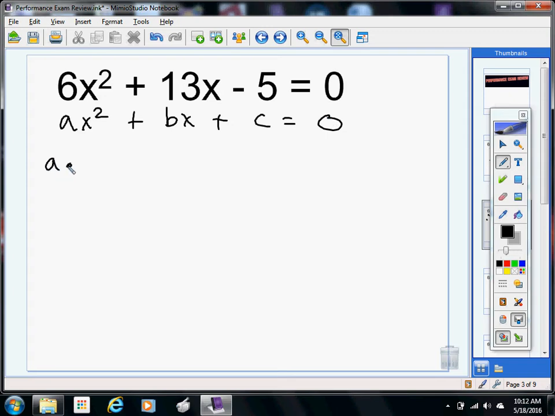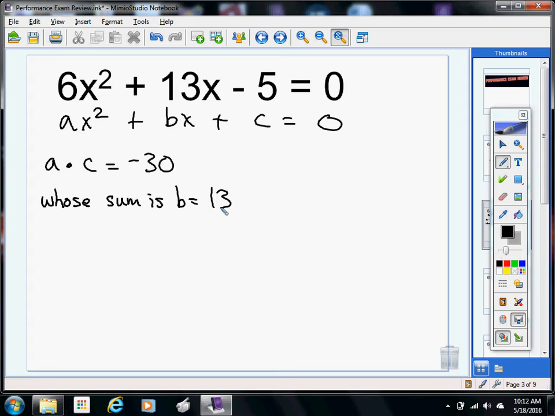Well, a times c is -30. That's how you go about factoring. Guys, you have to find the factors of -30 whose sum is b. Well, it turns out b is +13.